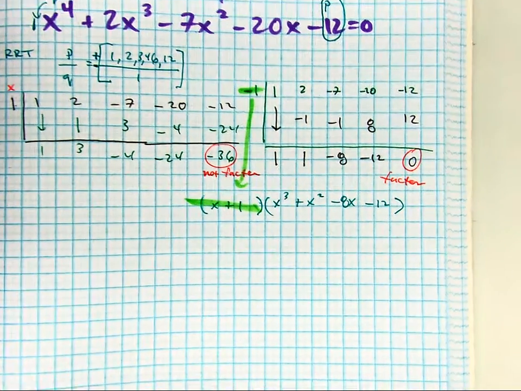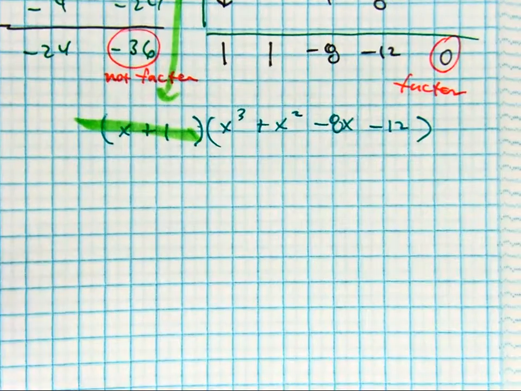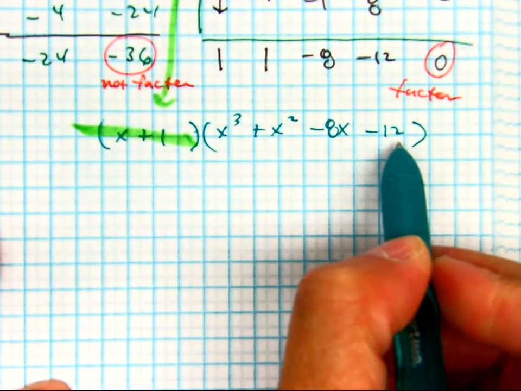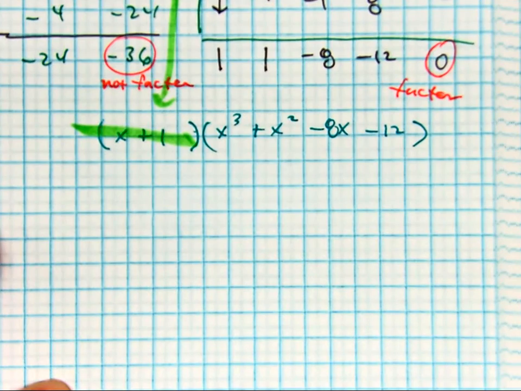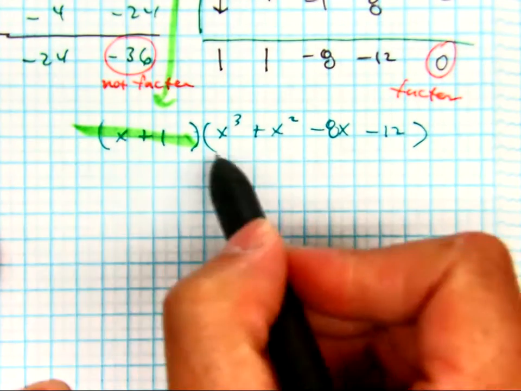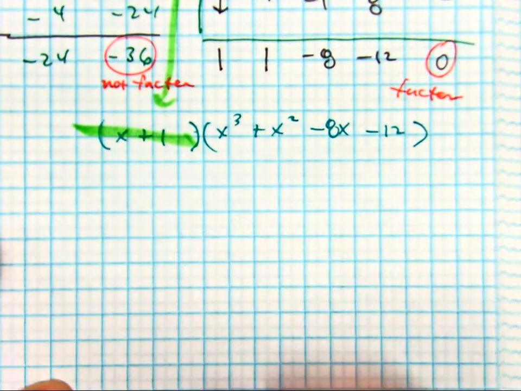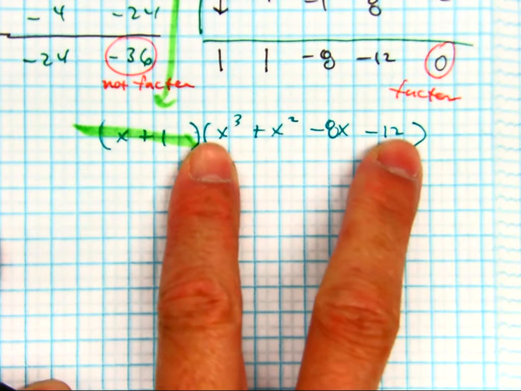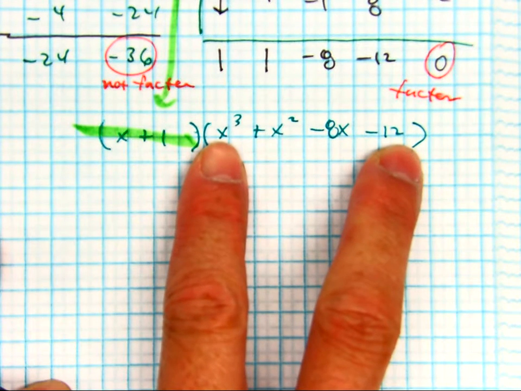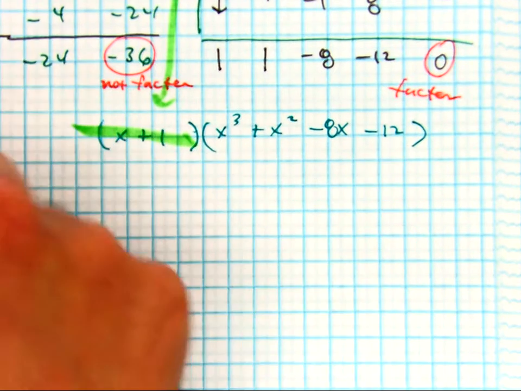Now, I have a polynomial with 4 terms. Can you factor by grouping here? No, so you can use the rational roots theorem again. And the great thing about this is you already have the numbers, the same numbers as before, right? 12 and 1. We just need to pick a number.